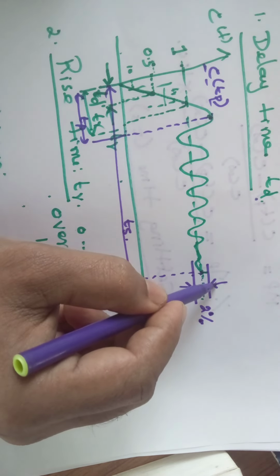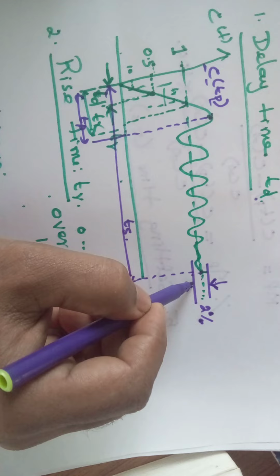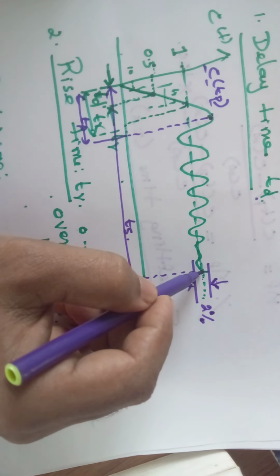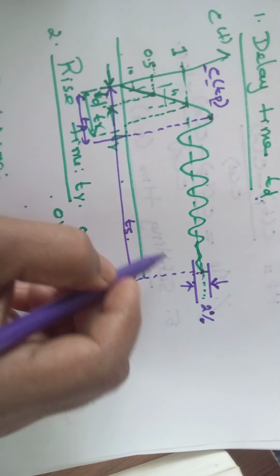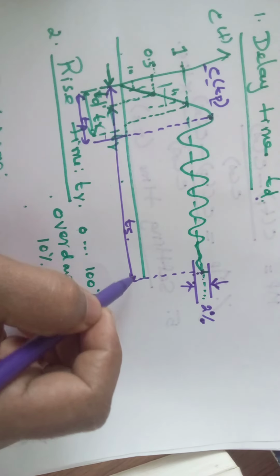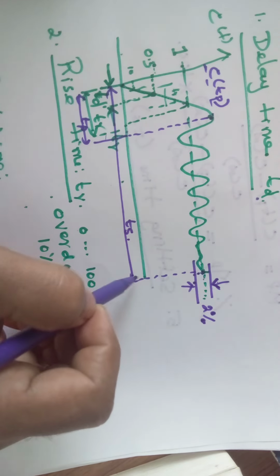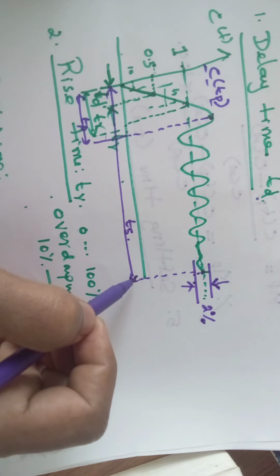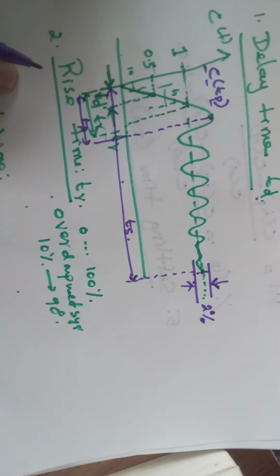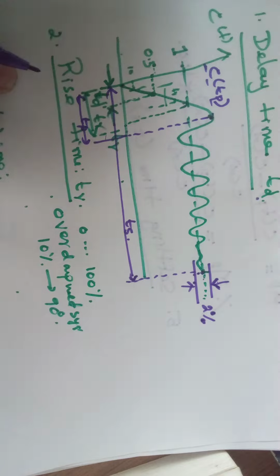So within this specified percentage of error, if your response reaches it, then the time taken starting from 0 to your specified error range is called the settling time. Understood? So these are the important time domain specifications.